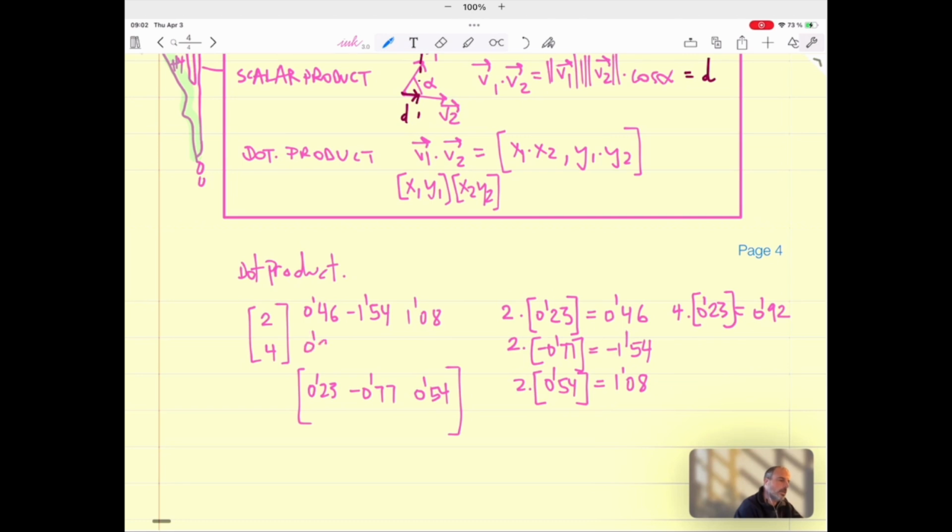This is 4 times minus 0.77, which is going to be minus 3.08. And 4 times 0.54, which is going to be 2.16. All right.